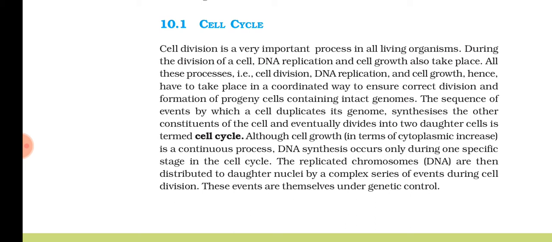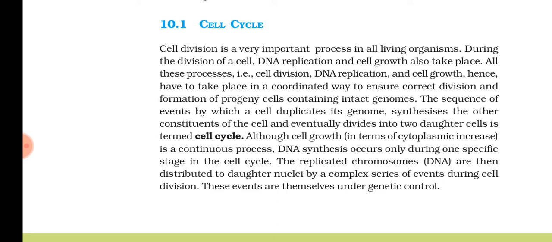So this sequence of events by which a cell duplicates its genome, then synthesizes the other constituents of the cell, and eventually divides into two daughter cells is called what? Cell cycle. Clear?